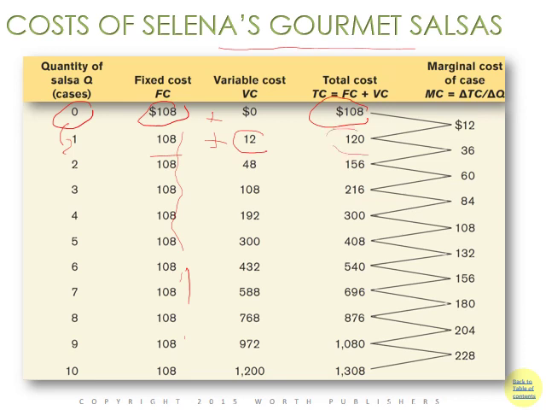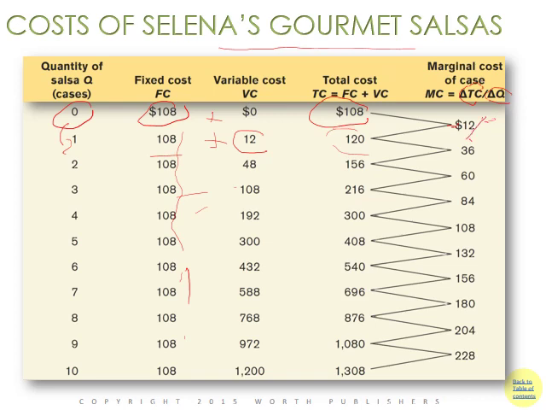Now if we calculate marginal cost using the formula, marginal cost is the change in total cost divided by the change in output. So here total cost goes from 108 to 120. So total cost increases by $12. The change in output in this table goes from 0 to 1.